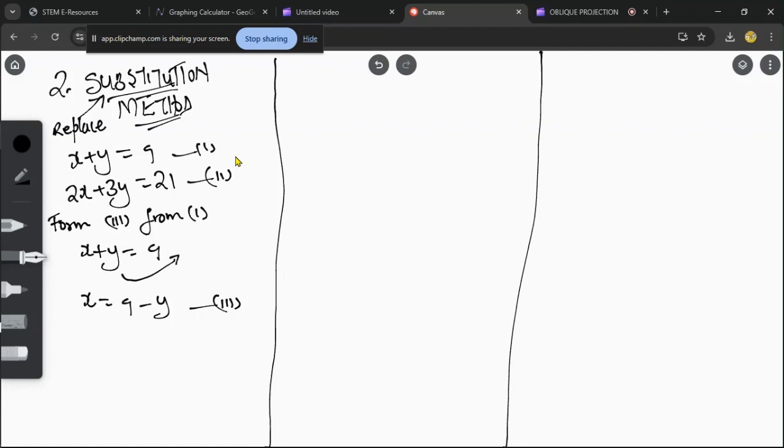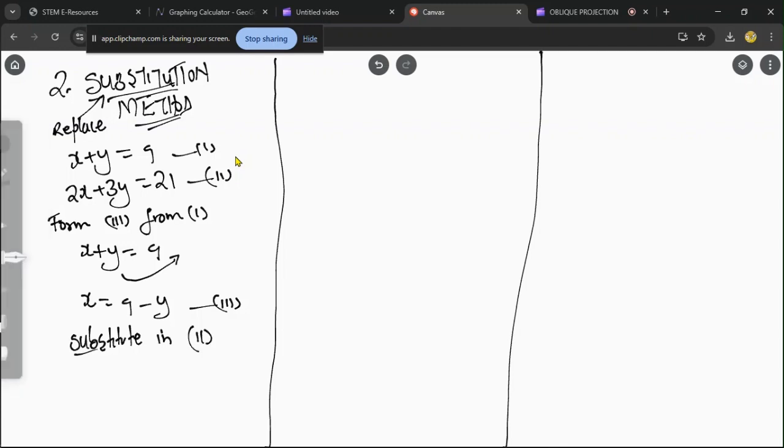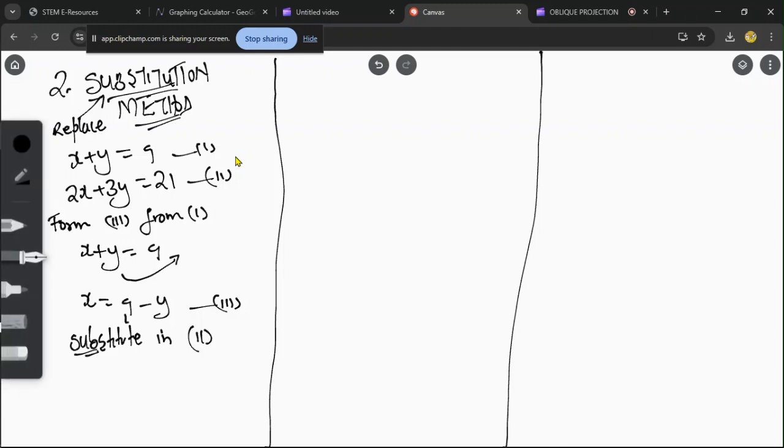So you come and say substitute. I used 1 to form equation 3, so I'll substitute in the one that I've not used, which is equation 2. So replace. Where there is x, instead of writing x, I'll be writing that.